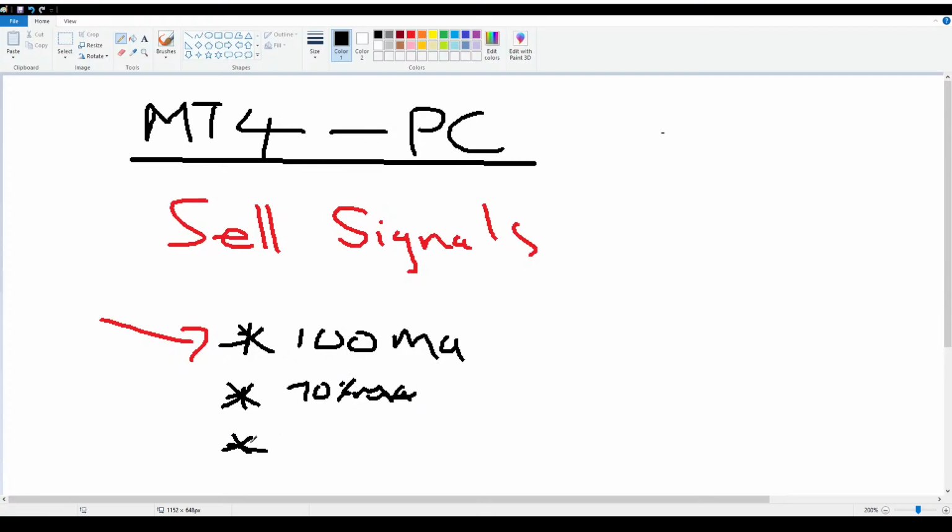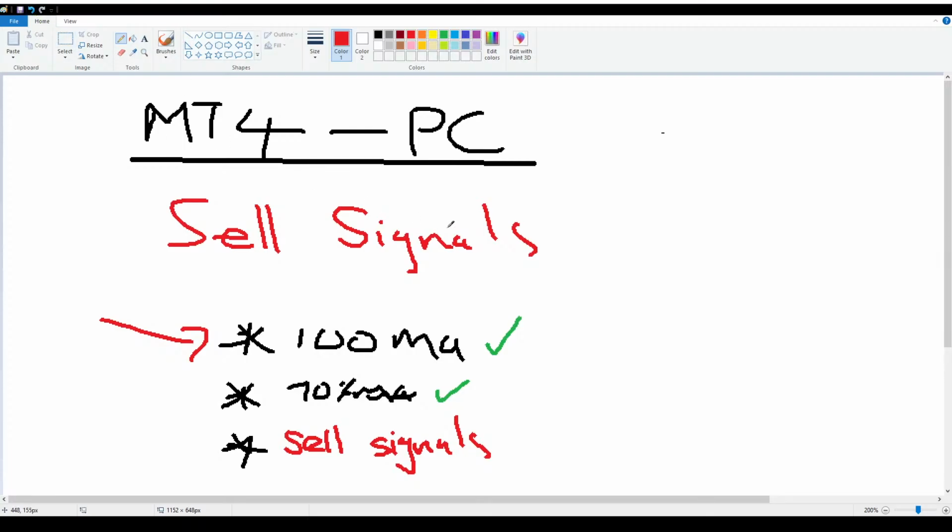Once those two conditions have been met, once we see that the price is underneath the 100 period moving average and the volatility meter is at 70% or above, then we can take the sell levels or the sell signals that the system gives us.